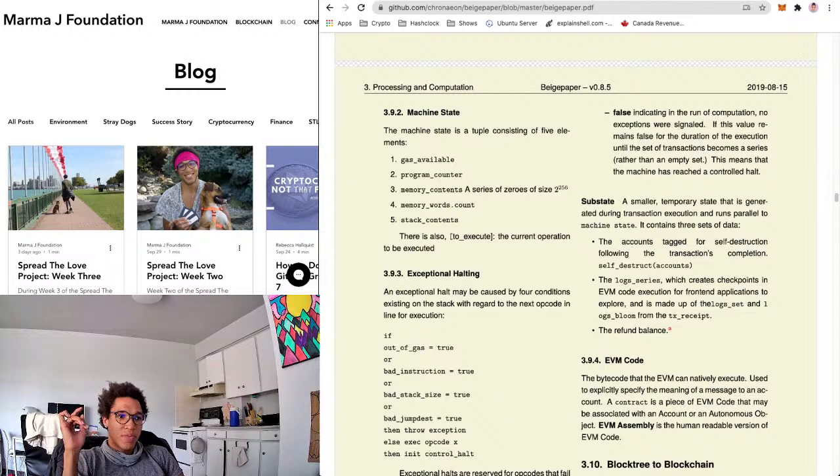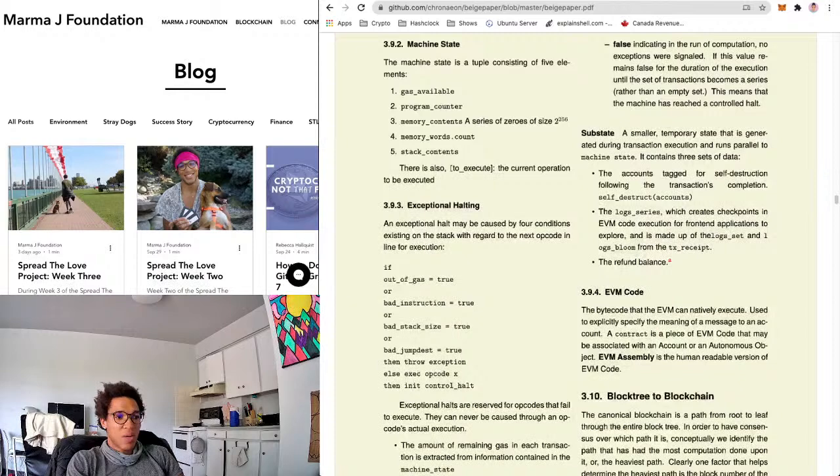Where was I? The accounts tagged for self-destruction following the transaction's completion, the self-destruct accounts. The logs series, which creates checkpoints in EVM code execution for front-end applications to explore, and has the log set and logs bloom from the transaction receipt, and the refund balance.